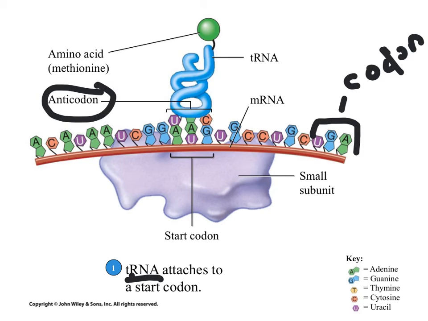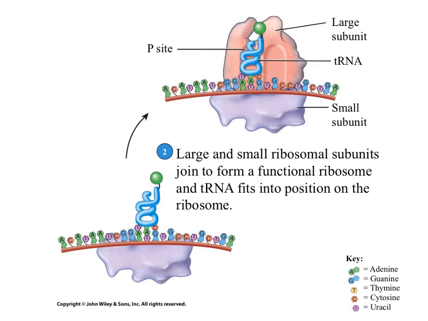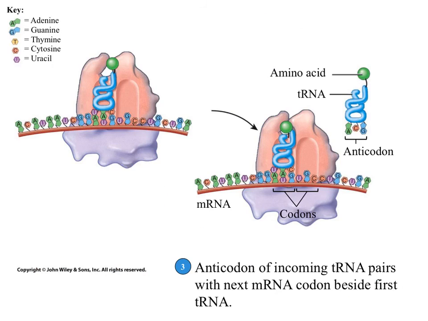And based on that matching, it attaches a specific amino acid. So it will move in, attach its specific amino acid that is supposed to be there, same amino acid every time, and then it will move over.